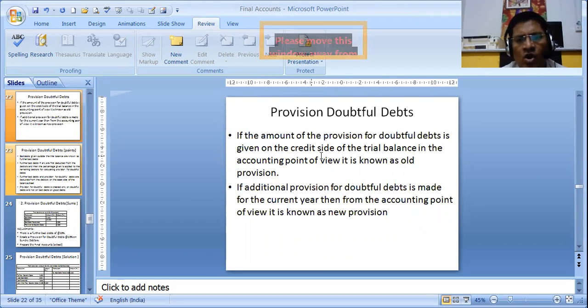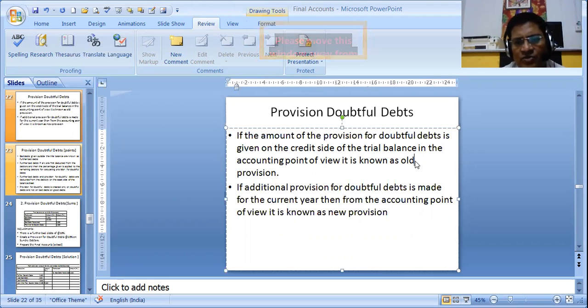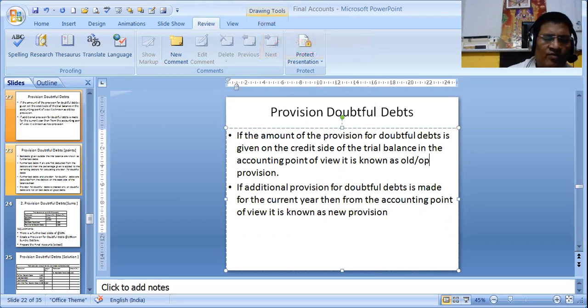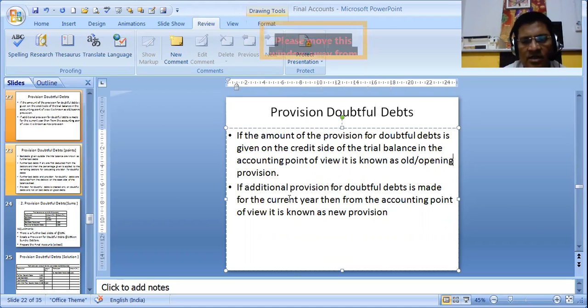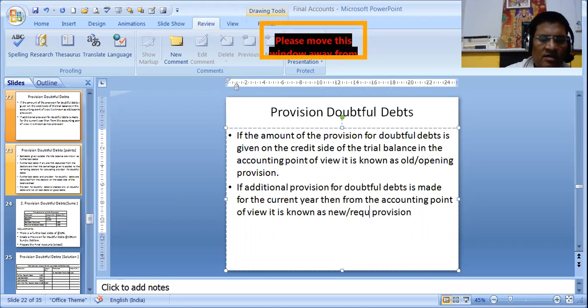Old provision or opening provision, you can say, students. This is an old or opening provision. And this is the new or required provision.